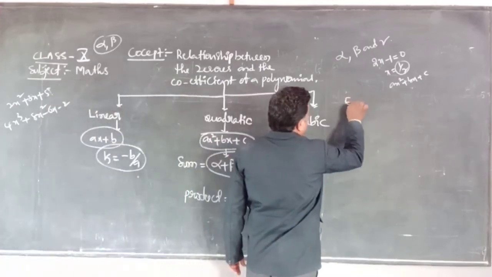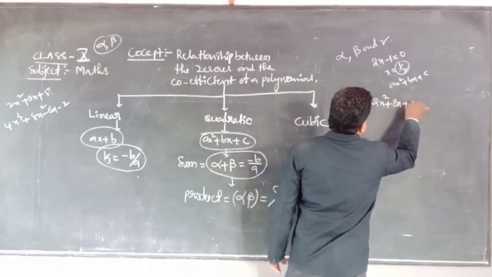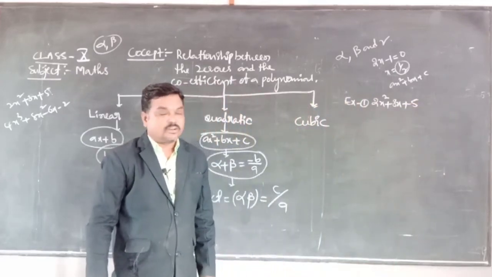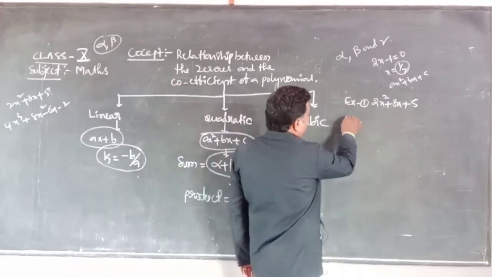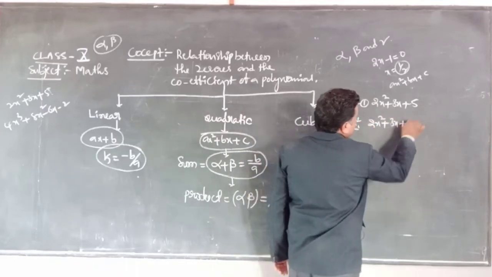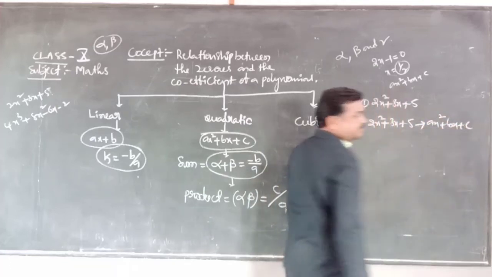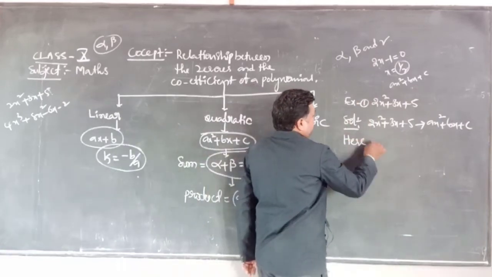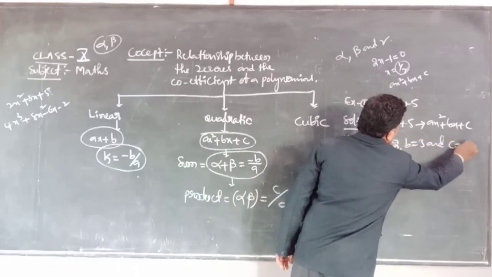Suppose one example is given: 2x squared plus 3x plus 5. Find the sum of the zeros and the product of the zeros of this polynomial. First of all, compare 2x squared plus 3x plus 5 with ax squared plus bx plus c. Here a is equal to 2, b is equal to 3 and c is equal to 5.